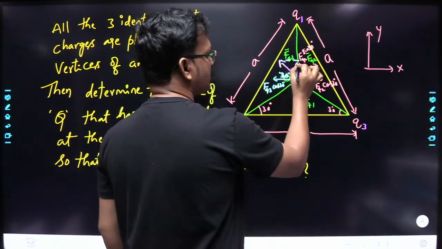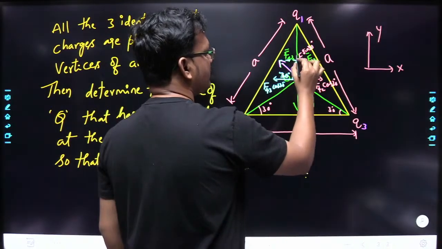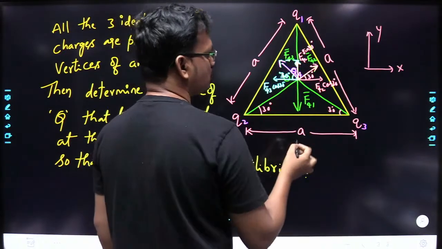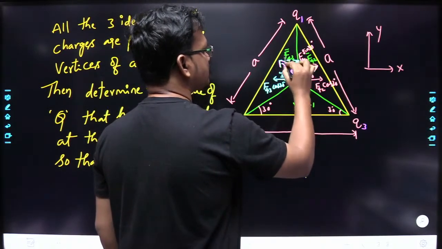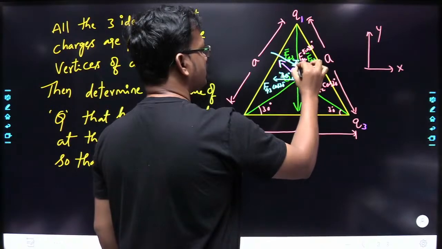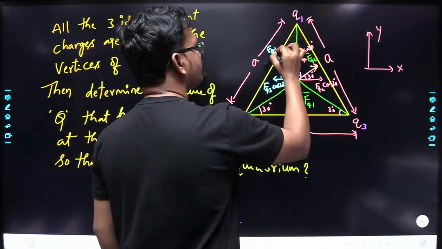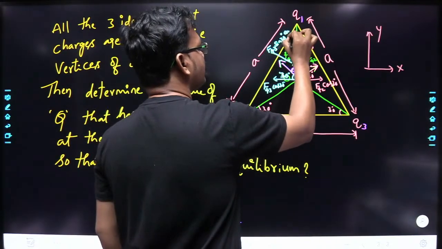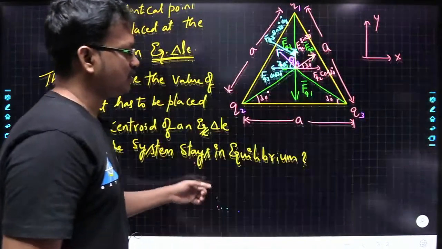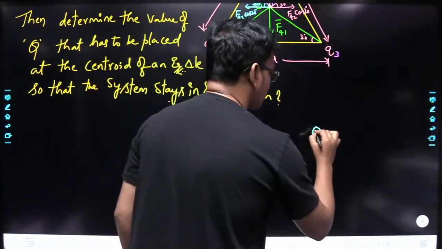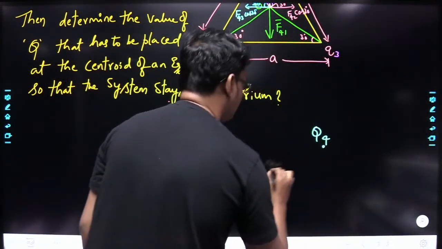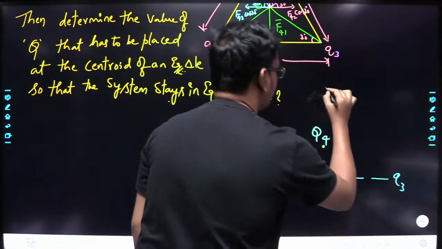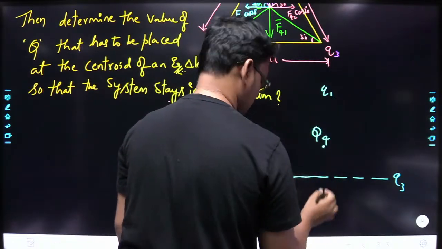And the vertical component will become F43 sin 30. So this is the y component, F43 sin 30, in the y direction. See, charge Q4 is present like this here. So here you have Q2, here you have Q3, and here you have Q1.